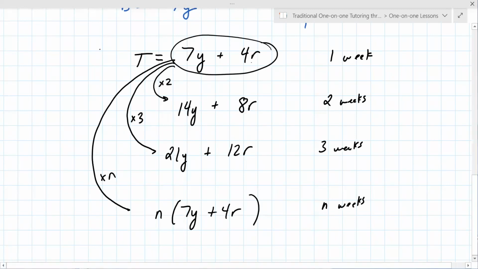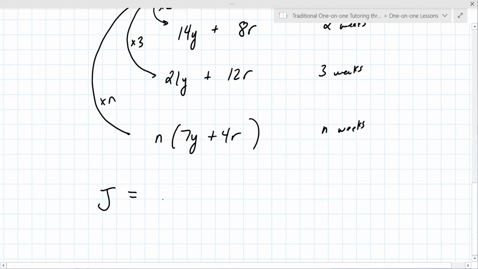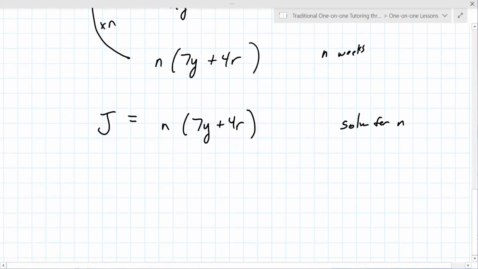Now they're supposed to produce J goods, and now we need to solve for N. To do that, we divide both sides by 7Y plus 4R.